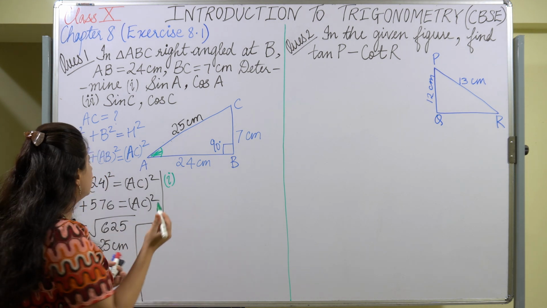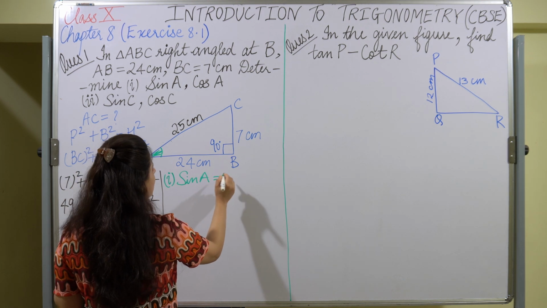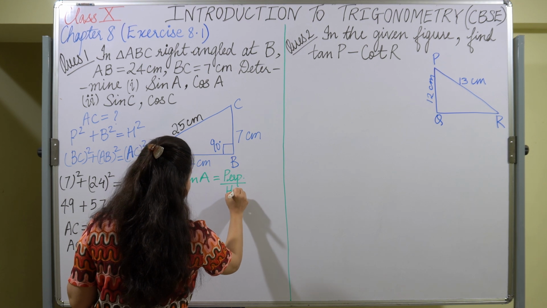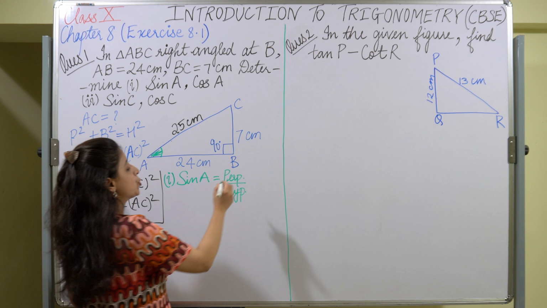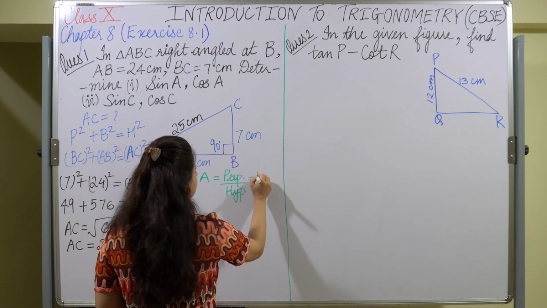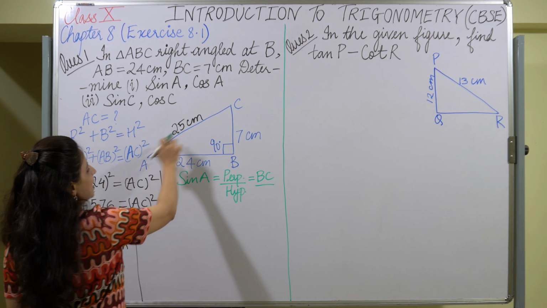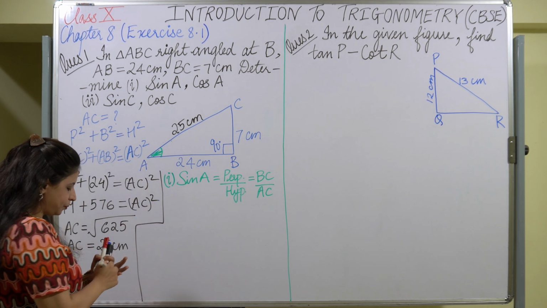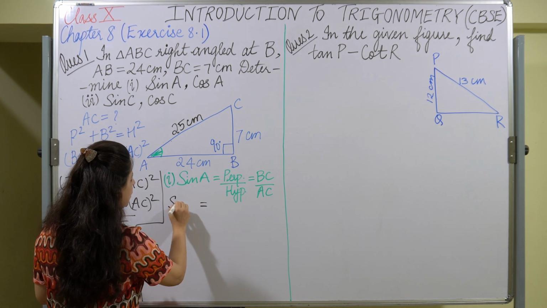So the formula for sin A will be equal to perpendicular upon hypotenuse. Perpendicular is BC for A and hypotenuse is AC.